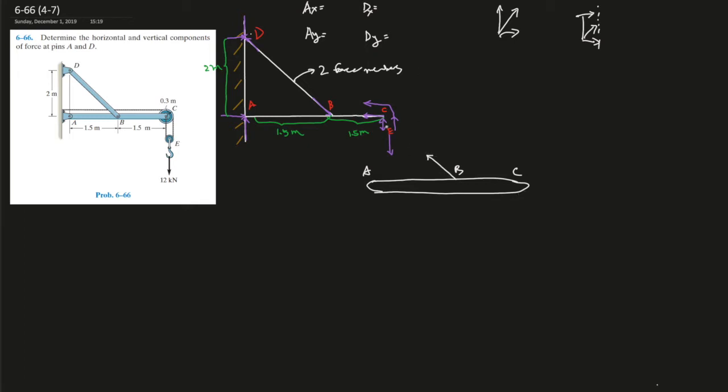And let's draw the components of E first, actually. Two forces going back up, this force going back down, at 12 kN. So if these two forces are going up, that means this force over here is going down, and this force is going down. And here's like a wheel. Oh, wait, sorry. The wheel has to be a lot bigger than that.